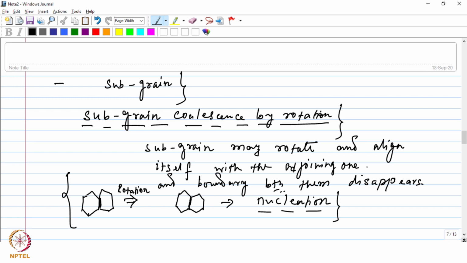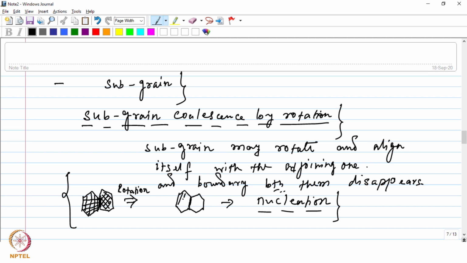So what I meant to say when I say that there is some orientation difference, so that is in terms of the atomic arrangement that you have. So if this be the arrangement in the first subgrain, in the other one it is a little different across this boundary. Okay. Therefore, for these two different arrangements to align into one, you need some rotation, right?